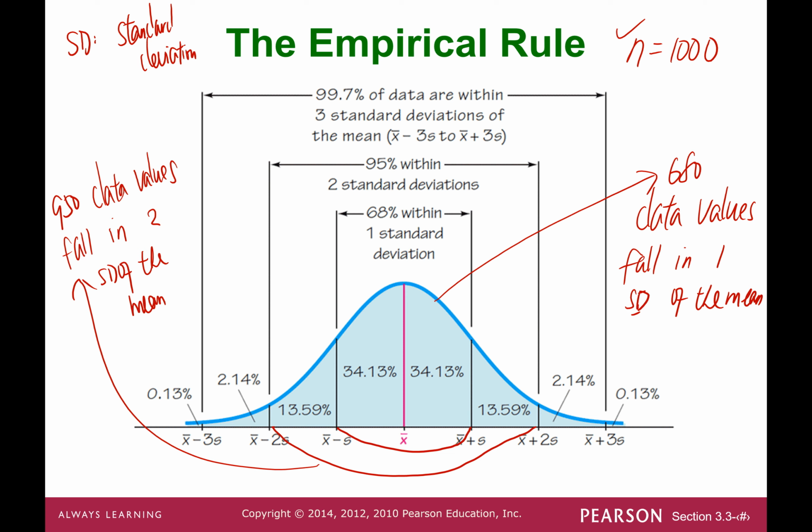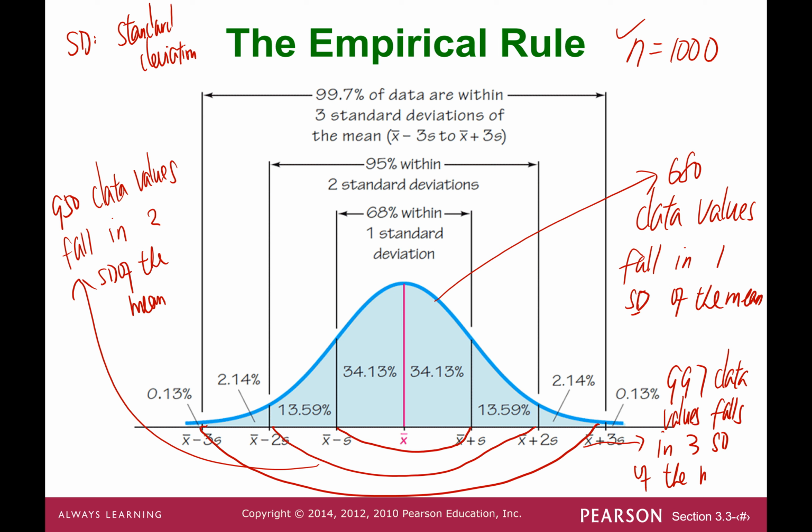And the third one is within three standard deviations of the mean, we have 99.7% of the data values, which is 997 data values. And this is the empirical rule shown in a bell curve. So we call this a bell curve.